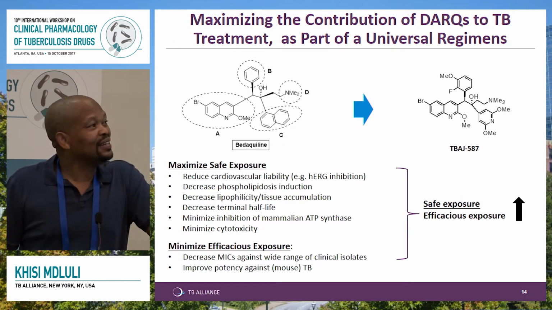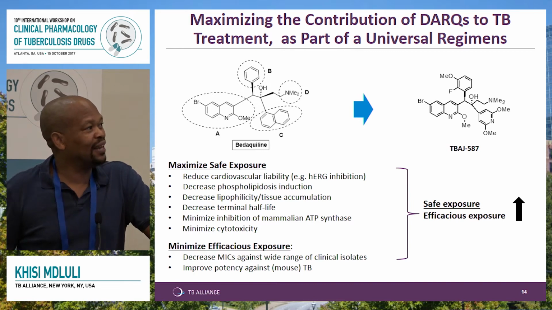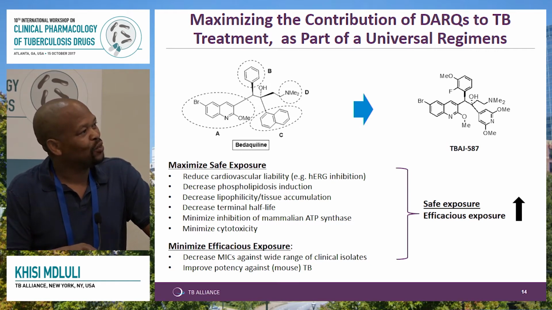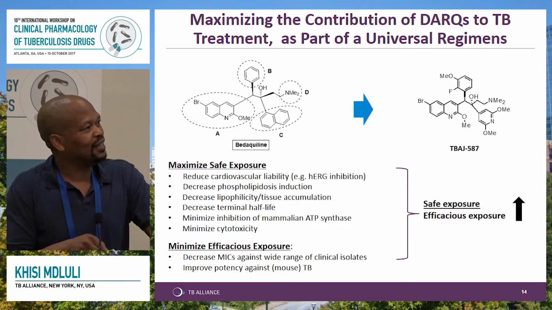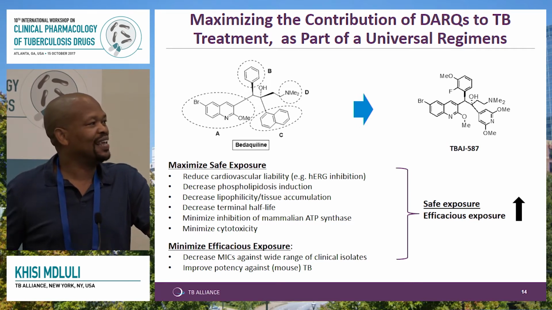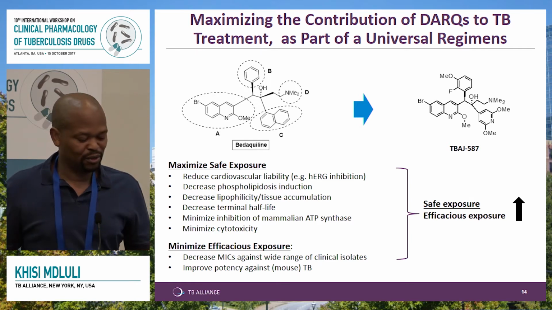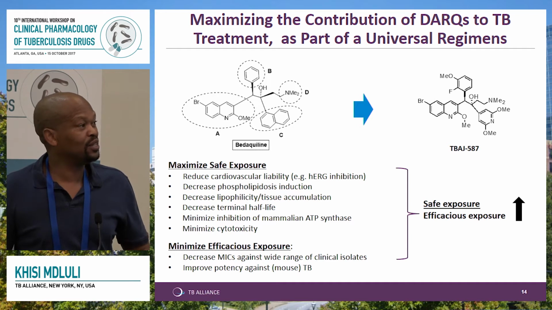So again, forgetting about the chemistry, except highlighting the fact that we started from bedaquiline, which is this compound here, to this compound, which is TBAJ-587. And for those that are chemist-minded in the house, you can see that there are new decorations on this B ring over here, and new decorations on this C ring down here, and those are the changes. And that gave us a compound that was safer and cleaner than bedaquiline, as you're going to see in the next few slides.